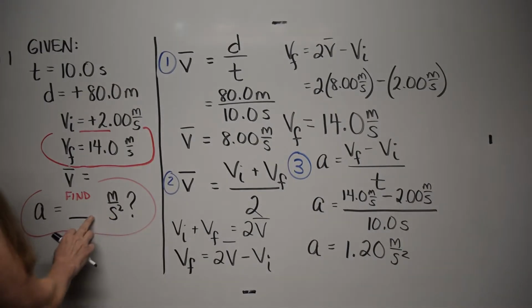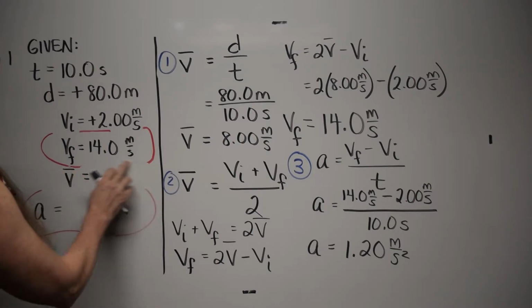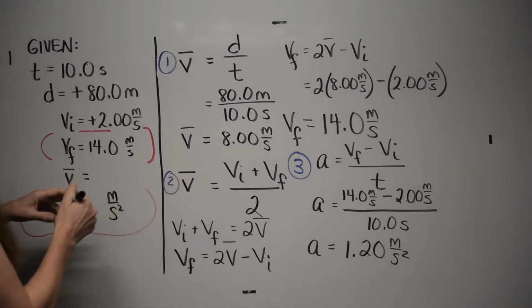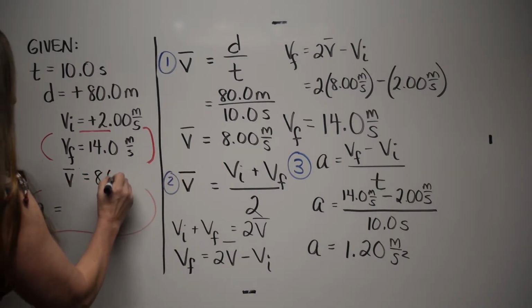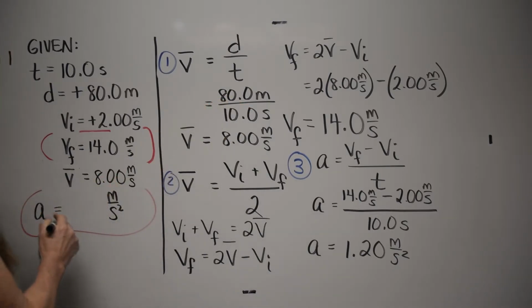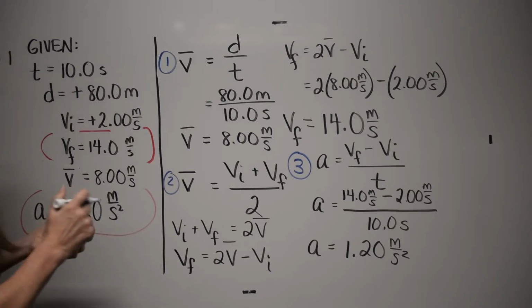So that answer goes here. Technically, we have V average also. We knew that V average was 8, so we can put that here. We weren't asked for V average, but we used it to get to other answers.